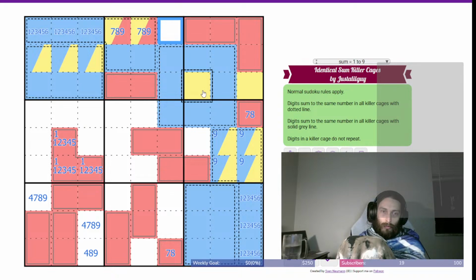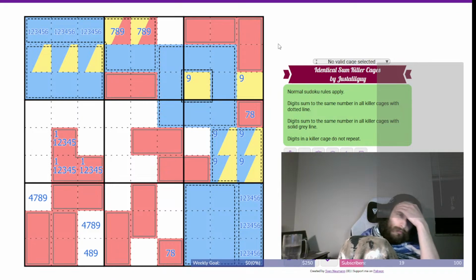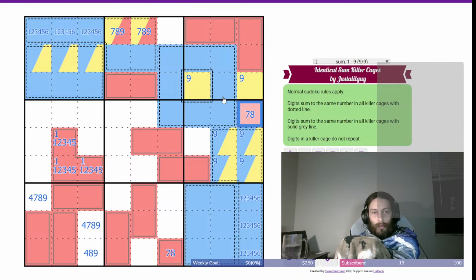So these sum to 9. So 9 is one of those two. Which means that this is in the ring.